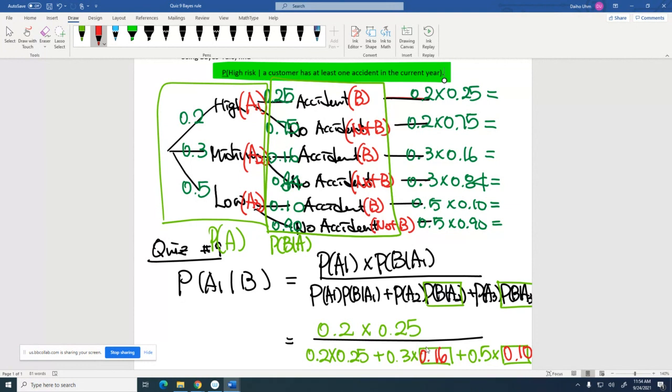And the last one is 0.5 times 0.1, it is 0.05. So let me take 0.05, and the second one is 0.08, and the last one is another 0.05. So the denominator will be 0.148. And then take everything.